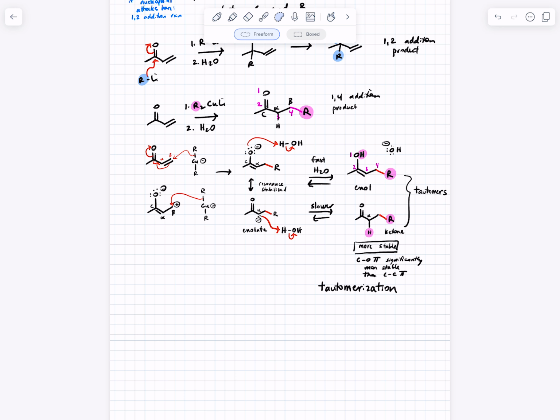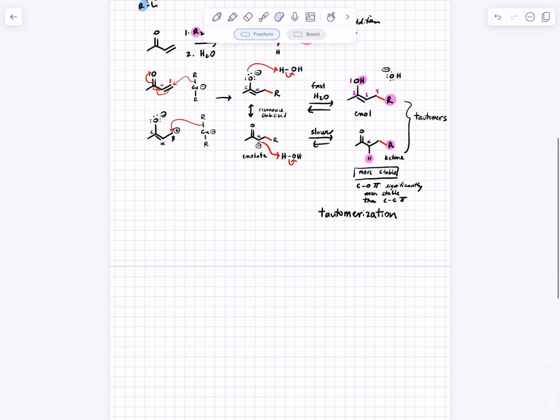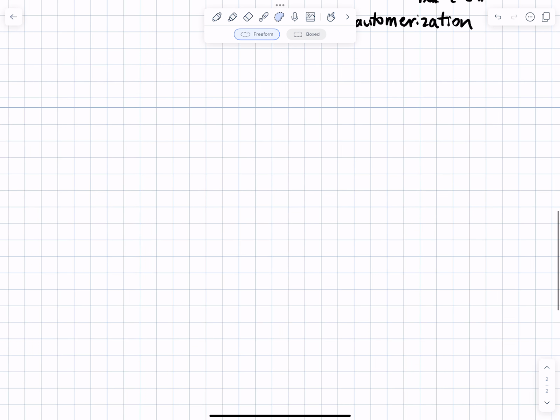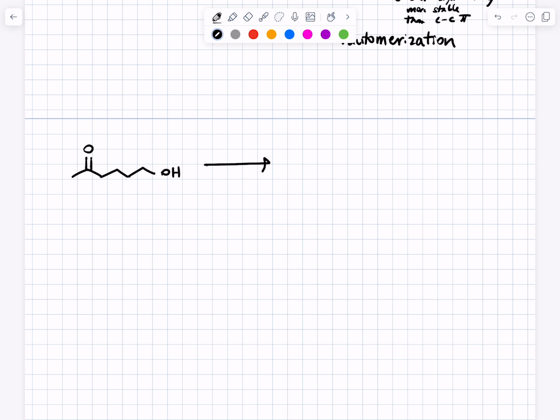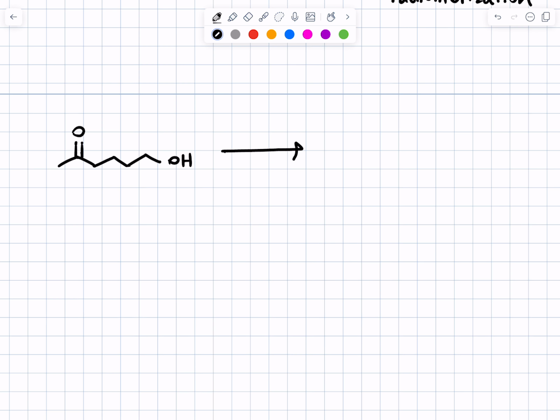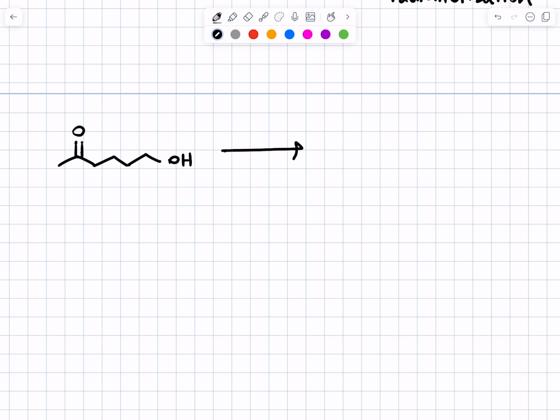All right, last concept in chapter 13 that we really need to deal with is an important concept for practical synthetic chemistry in the lab. So here is a molecule, and it's a ketone, but it's got an alcohol. And I want to do addition of a nucleophile to the ketone. And let's just say I want to use phenyllithium, which is just the benzene ring attached to lithium.